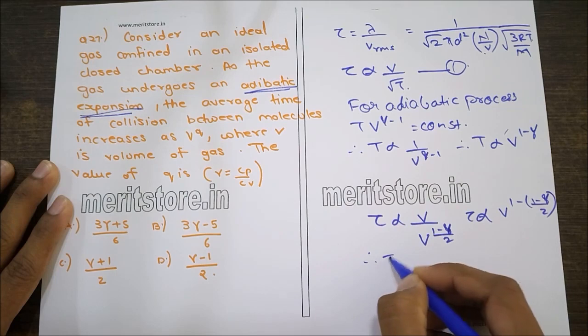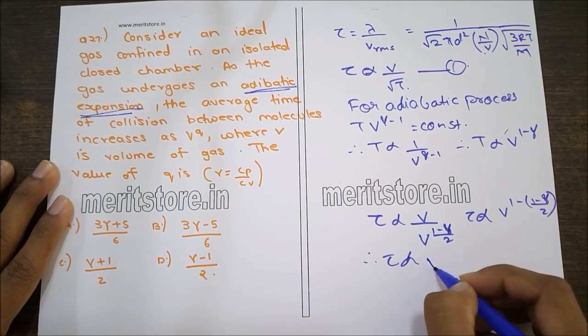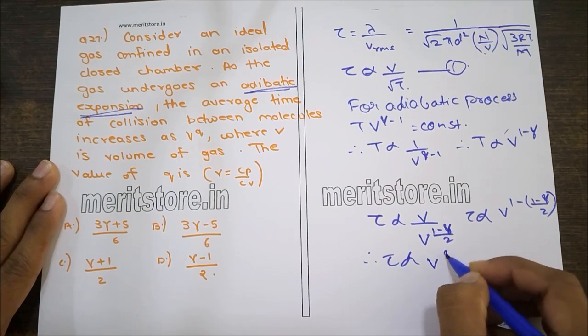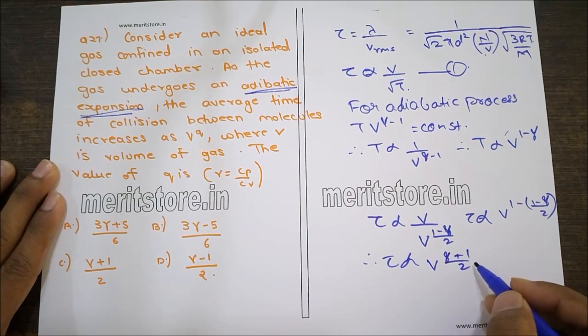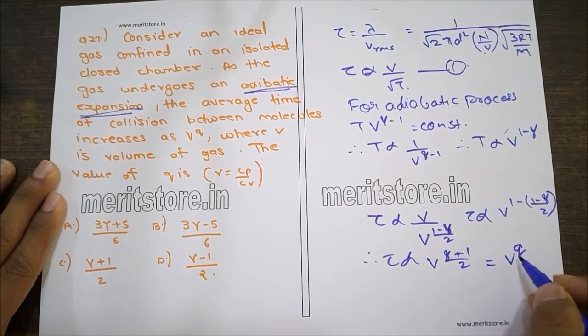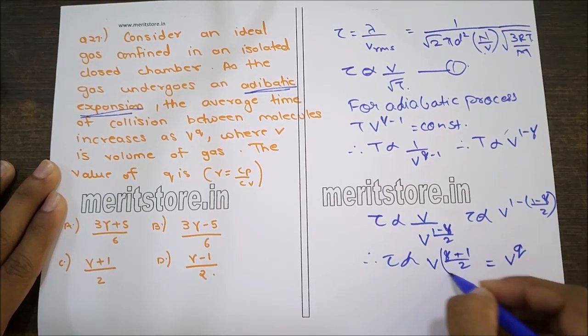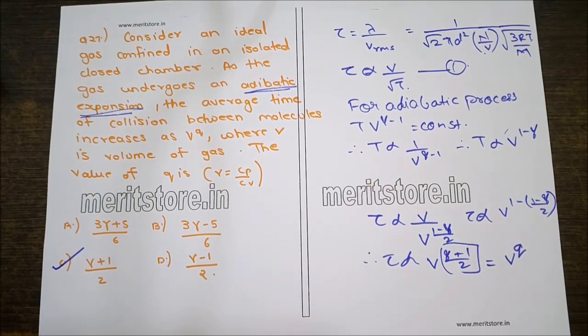So therefore tau is proportional to v raised to gamma plus 1 upon 2, and this is nothing but v raised to q, and hence the value of q is gamma plus 1 upon 2. Hence option C is the correct answer.